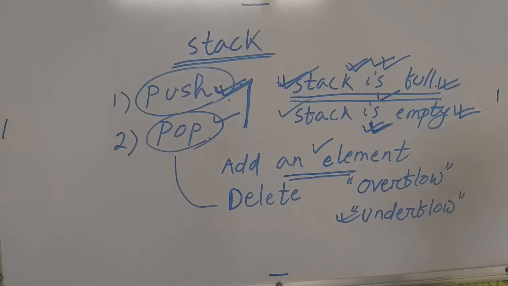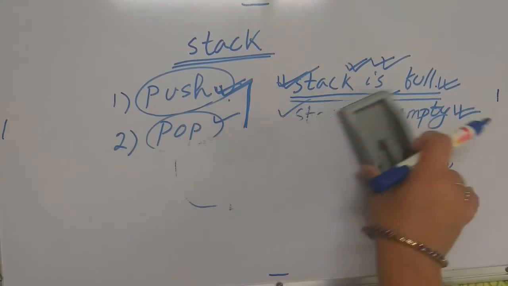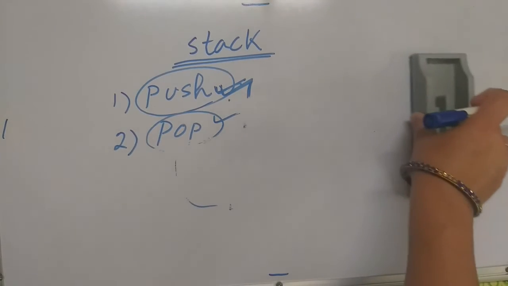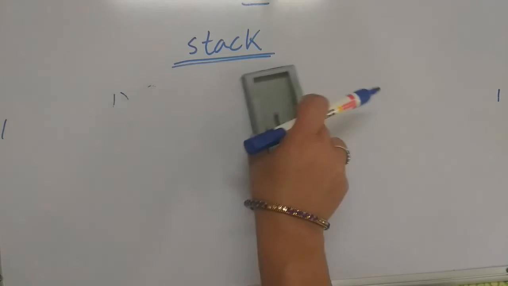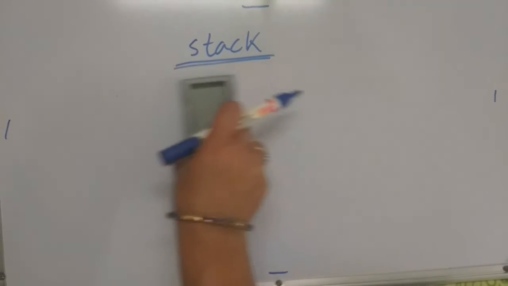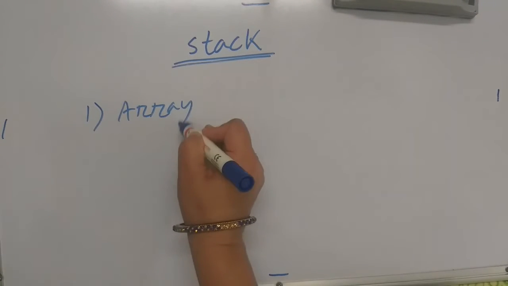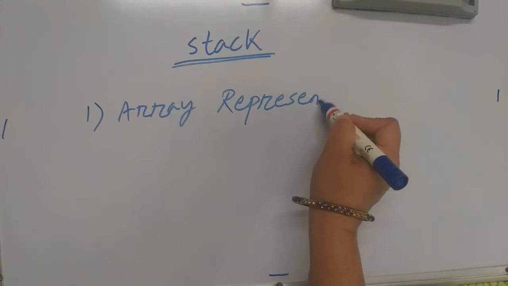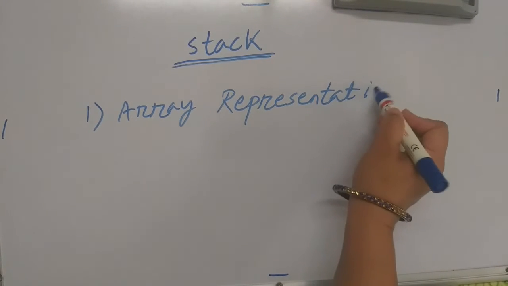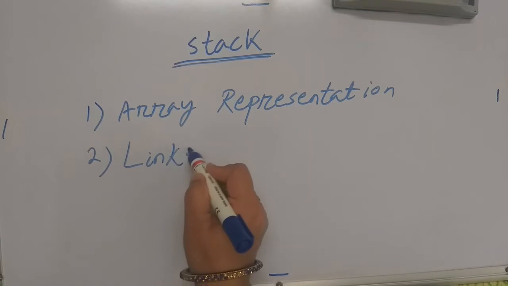So there are two types of representation of the stack: one is array representation and another is linked list representation.